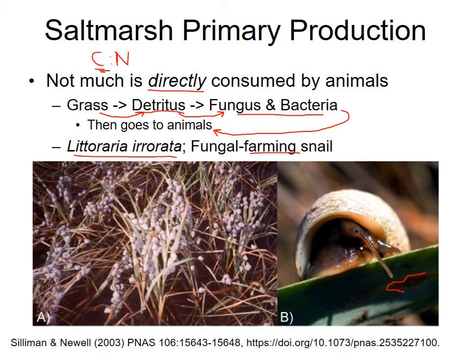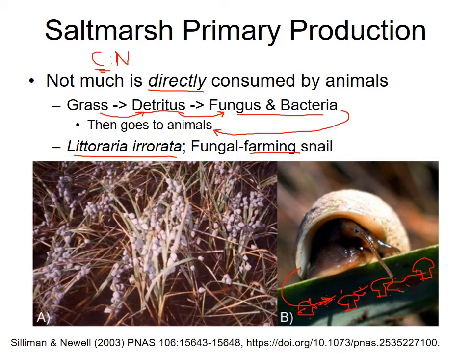So with their raspy tongues, they put wounds in the blade of salt marsh grass, and with their slime and poop, they infect the wounds with fungi. And so after a while, the fungi grows, and you can imagine little mushrooms growing on this wounded salt marsh grass, and then the snail makes another pass and eats all of the fungi that grew in its little fungi farm.